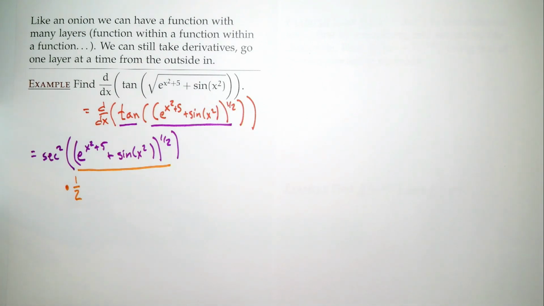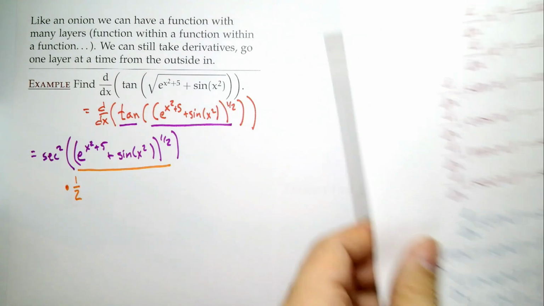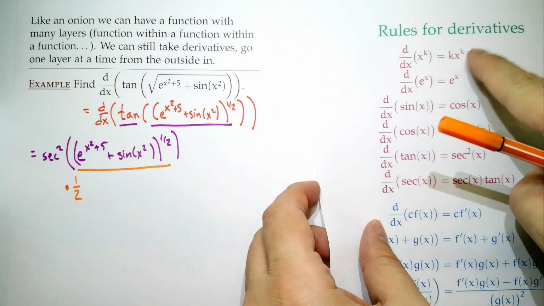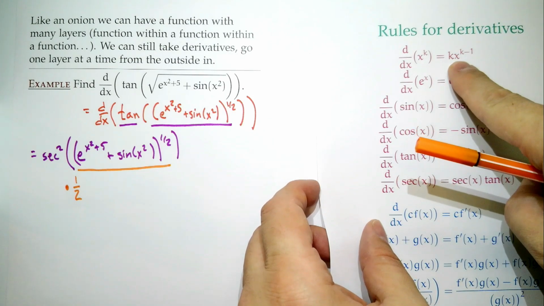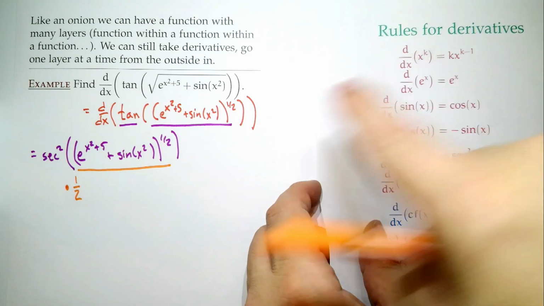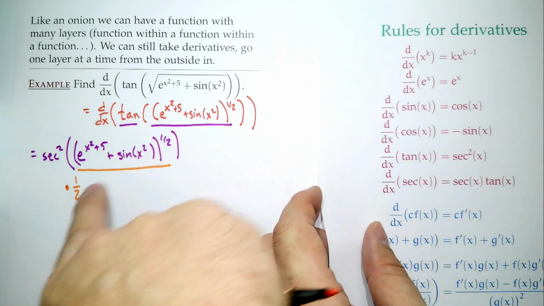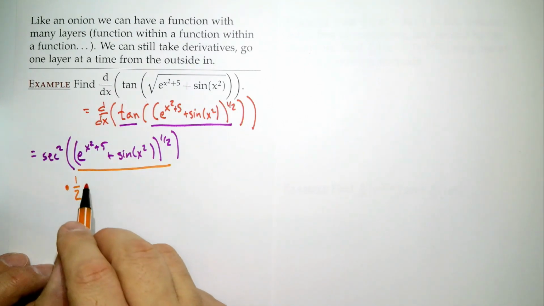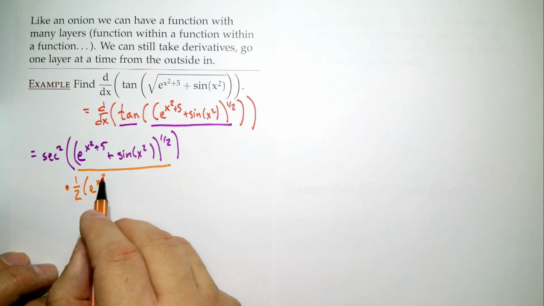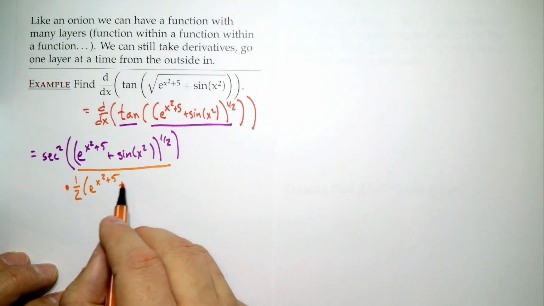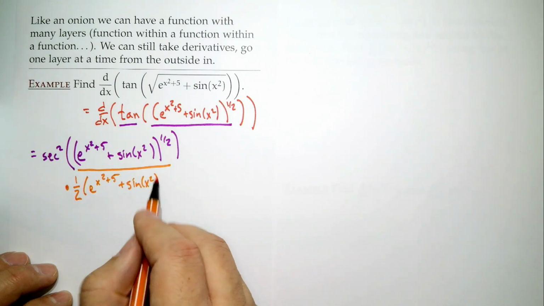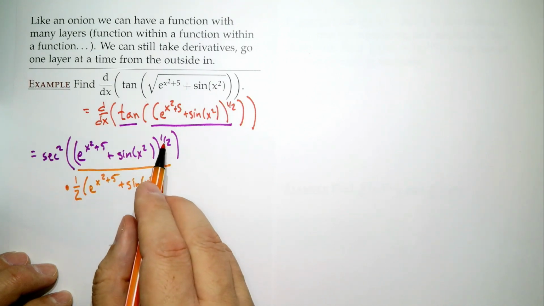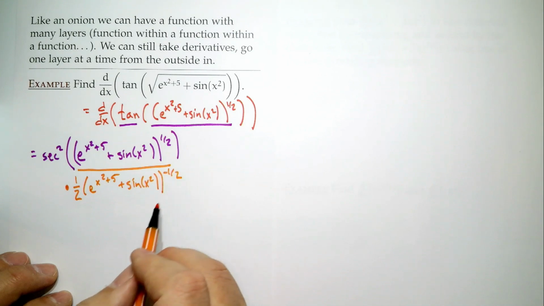In fact, we wrote that down at the very beginning: you bring the k down and then x to one less power. So here this is our k, it comes down, and the inside stays the same, because that's how the chain rule works. e to the x squared plus 5 plus sine of x squared, and then we subtract 1, to the negative 1/2.